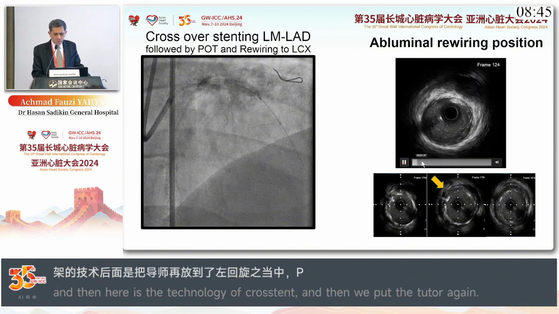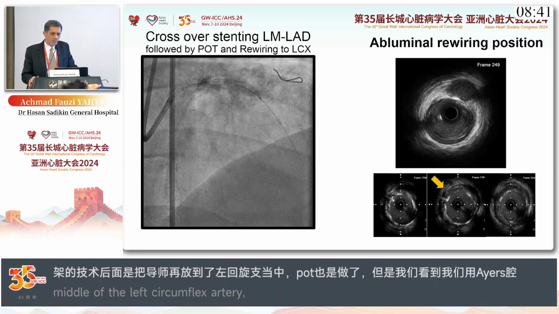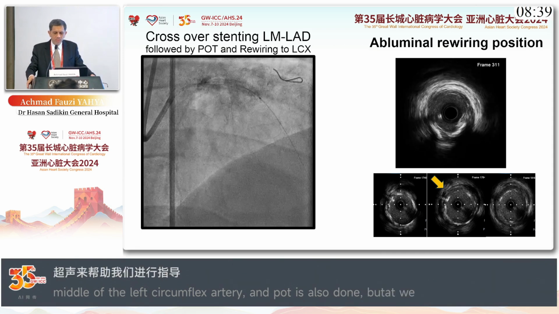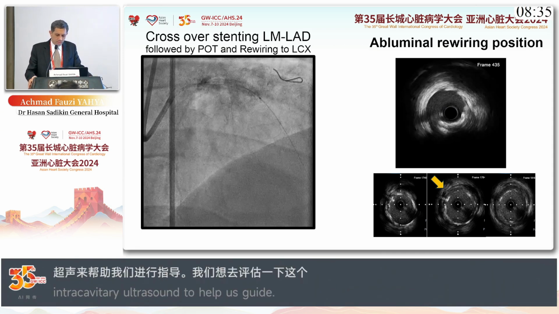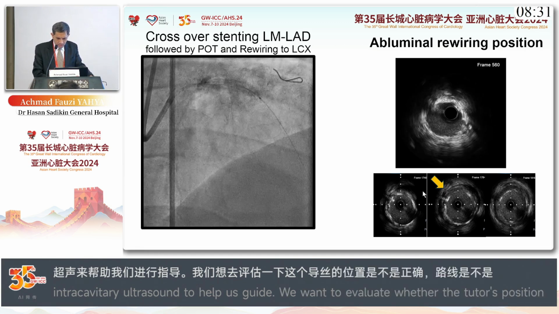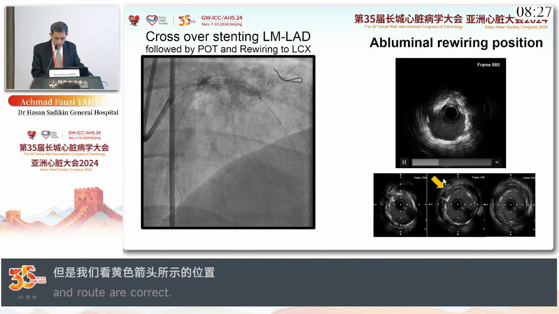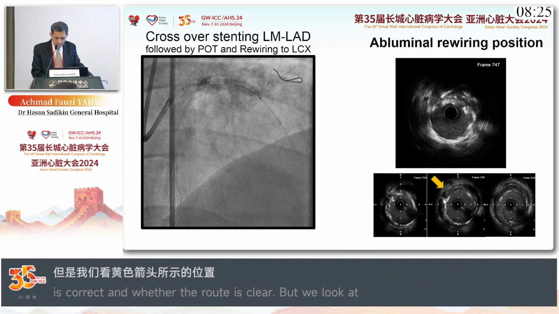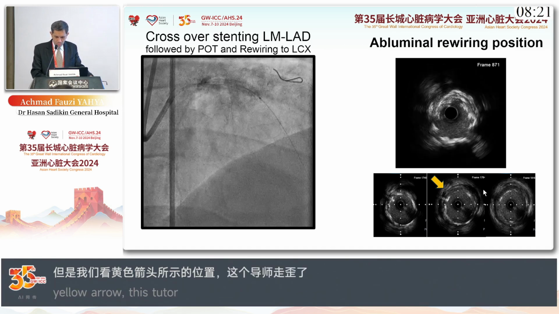We use IVUS to detect. After we rewire to the circumflex, we assess whether the wire goes intrastent and goes on the right route. But look at this. The wire goes abluminal side, falls through.